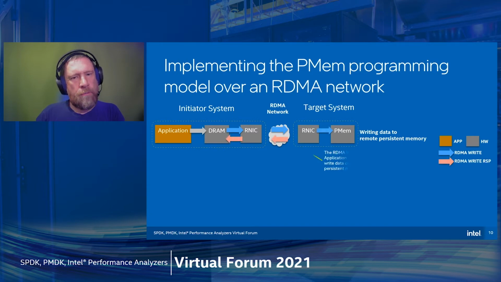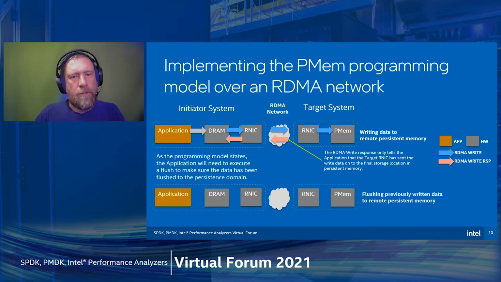But we have to consider that the RDMA write response only provides information about delivering data to the remote system, but doesn't guarantee its placement in the persistency domain. As the persistent memory programming model states, the application will need to execute a flush to ensure the data has been moved to the persistency domain.